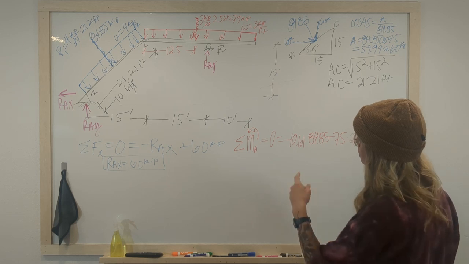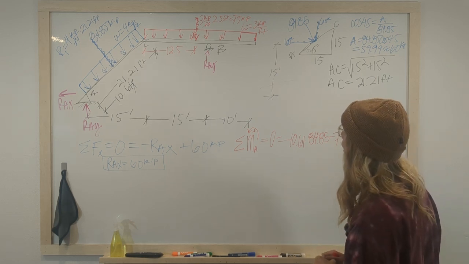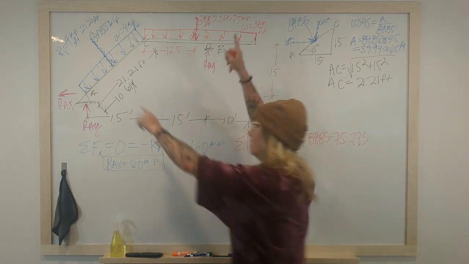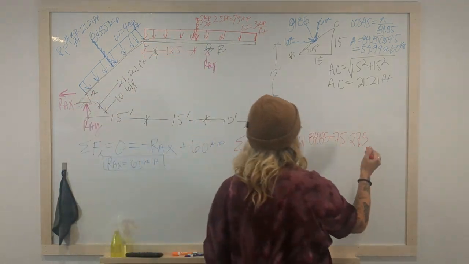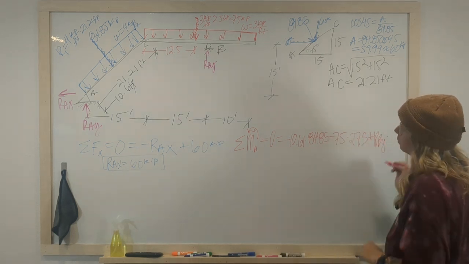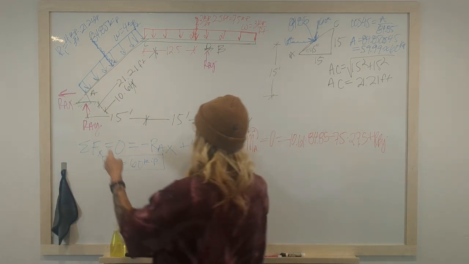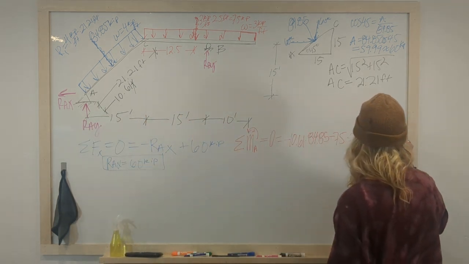Right? 15 plus 10 is 25, 25 plus 2.5 is 27.5. Then we have RBY. Again, if you hold your finger here and you push on RBY, it's causing positive rotation. So plus RBY times its perpendicular distance in the x direction, 15 plus 15, which is 30.